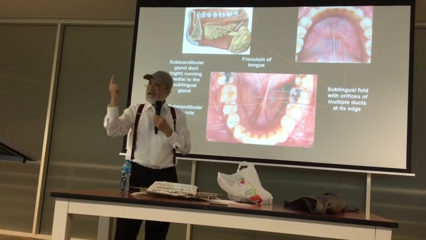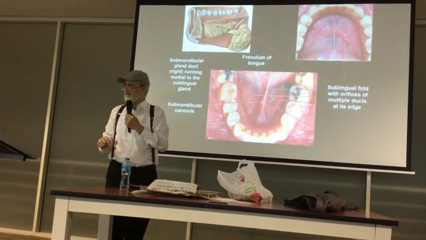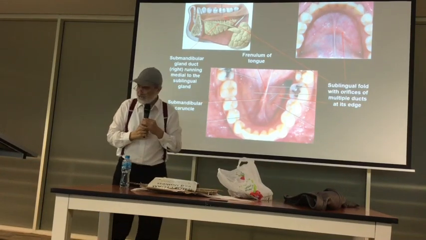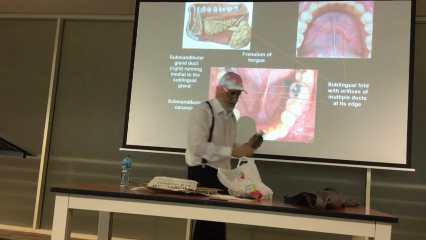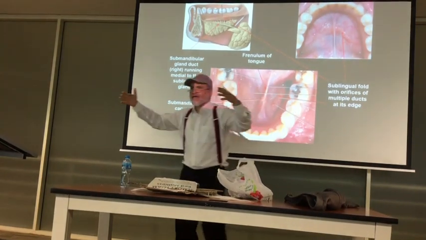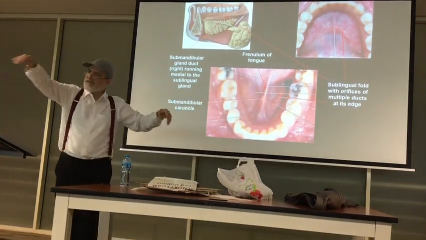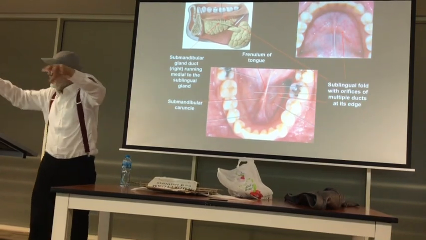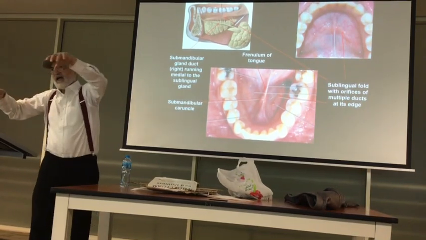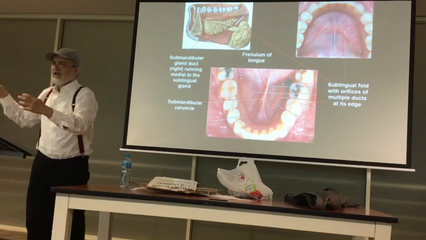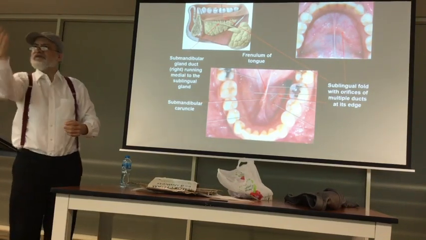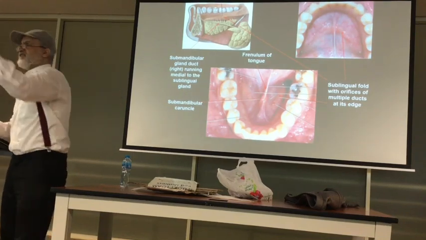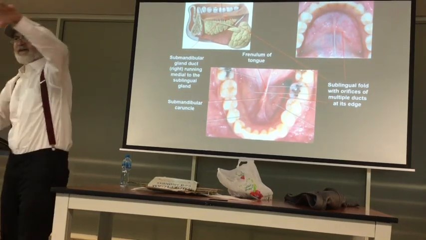The fold is called the sublingual fold. The sublingual fold is going like this, and like this, like an arm of a chair. And the sublingual gland is underneath the arm and sending a line of ducts to open at the edge of the fold. Are you following?